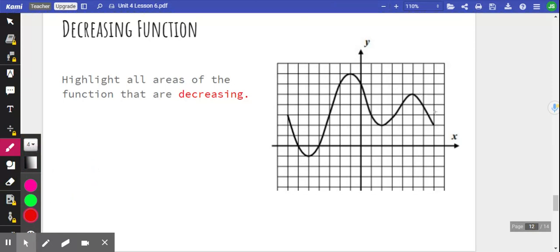Okay, and where we're decreasing, we want to look from left to right. Okay, and this is going to be where your graph goes down. And we want to look from left to right, just like we're reading a book.